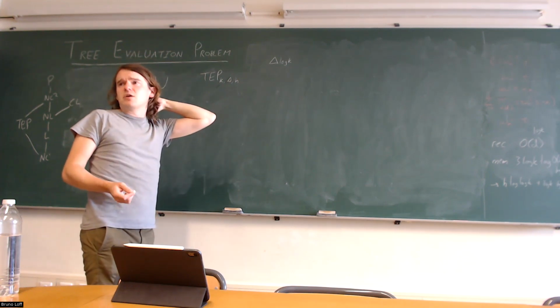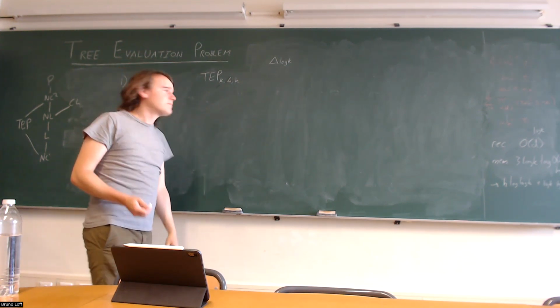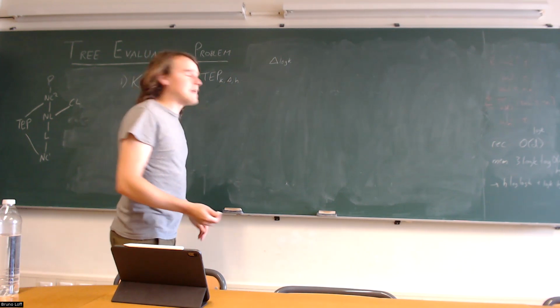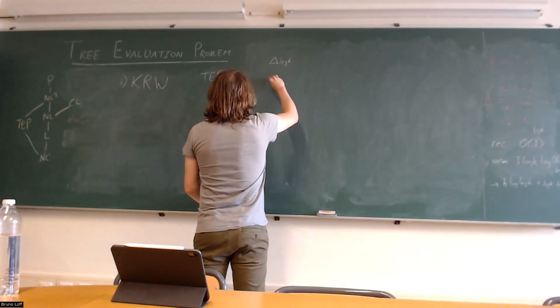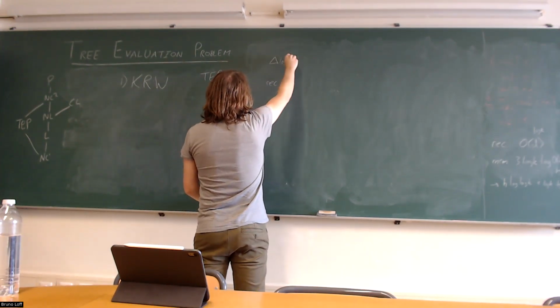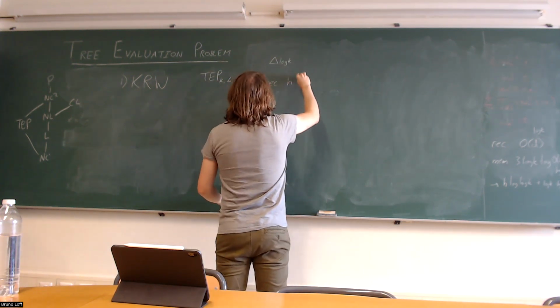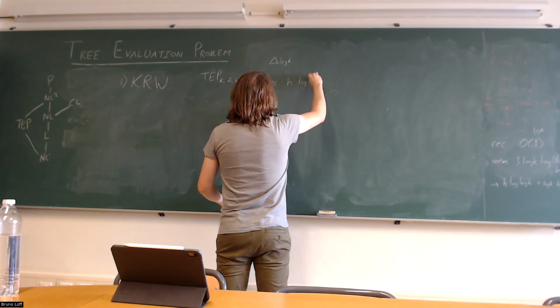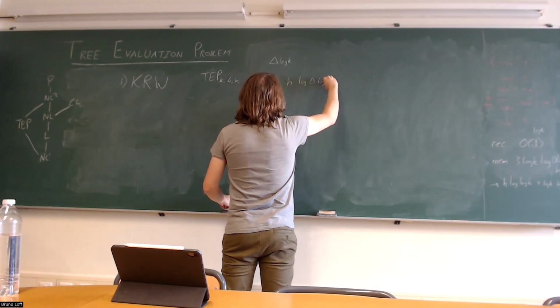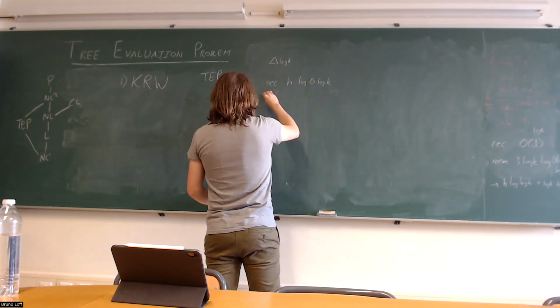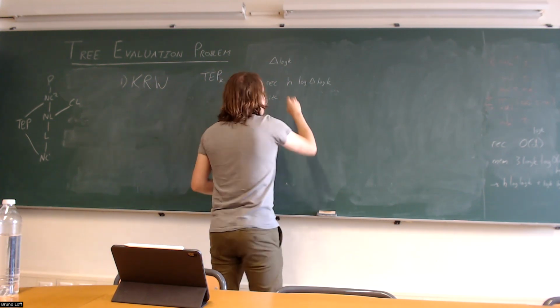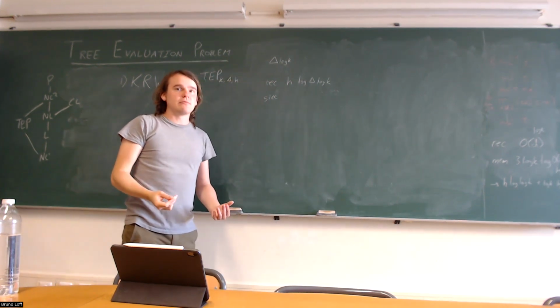Pretty much none of the rest of the argument is changed. So you apply that, and you get that the number of recursive calls in each layer, roughly speaking, take the log of it, so you get H times log delta log K. And the size, well, now I can't save 3 log K registers anymore.